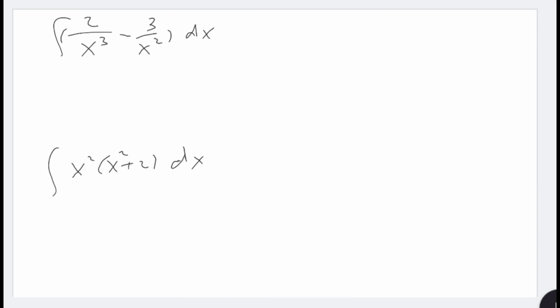Let's see more examples. Okay, so this is just to show you what you do with the stuff in the denominator. What I want to emphasize is that you cannot directly apply the power formula for the third power in the denominator. You don't just say, hey, this is 1 over 4 whatever in the denominator. I cannot do that. You have to rewrite as x to the negative third power minus 3 times x to the second power.